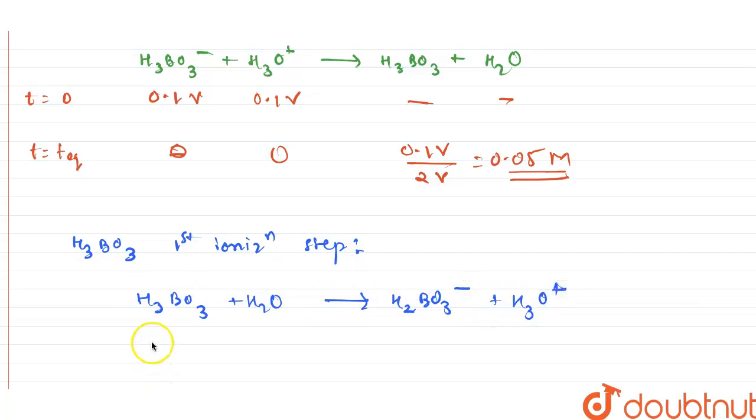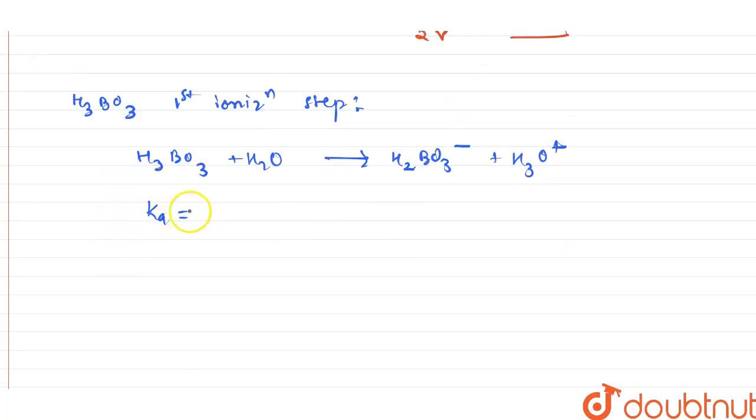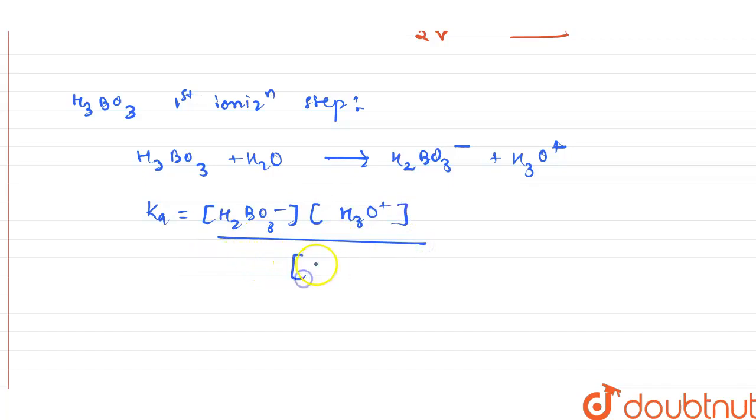From here, we can write the value of Ka, which will be equal to the concentration of H2BO3 minus multiplied by the concentration of H3O plus, the whole divided by the concentration of H3BO3.